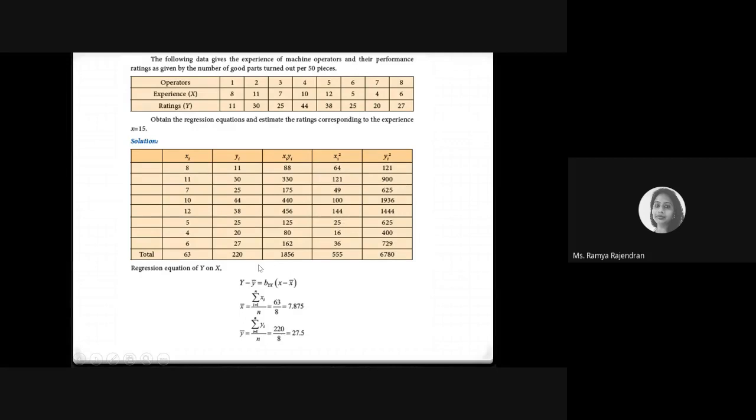Okay, so you're substituting these values into the equation y minus y bar equals the coefficient times x minus x bar. Here we are substituting all the numbers in this equation.